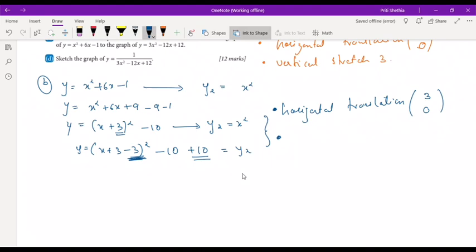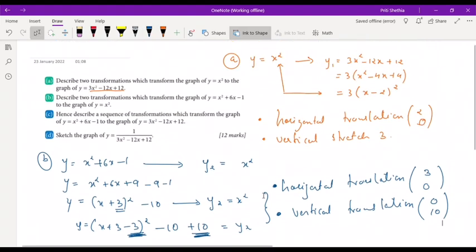Second thing that I have is I added 10 over here, so that was my vertical translation, that is (0, 10). So these two transformations are there in order to convert the given function to y = x² in part B, as you can see over here.